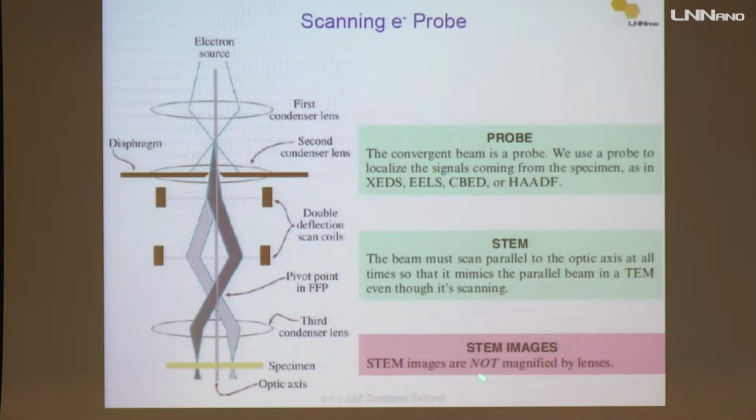And the idea of these STEM images is that they are not magnified by lenses, they are magnified by the size of your scanning, okay? It is a matrix. The smaller the size you scan, the higher the magnification you get, okay?